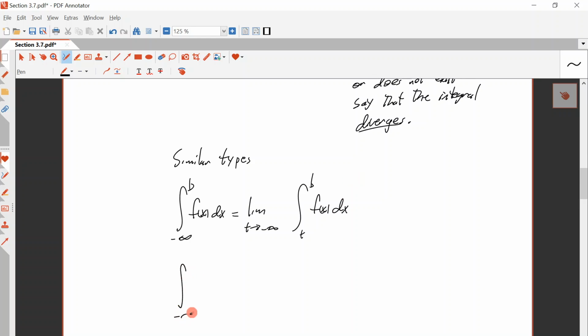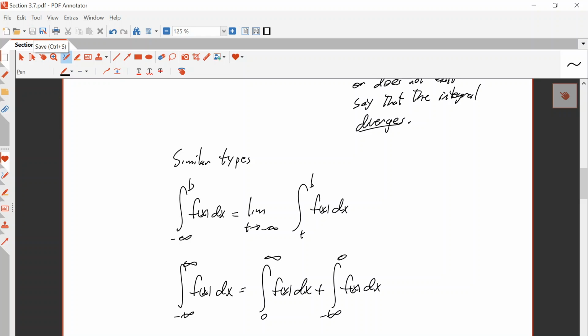And the integral from minus infinity to infinity, you define it to be the integral from 0 to infinity plus the integral from minus infinity to 0. Okay, so you don't handle both these infinite limits simultaneously. This improper integral is defined as the sum of these two: the integral from 0 to infinity, and the integral from minus infinity to 0.